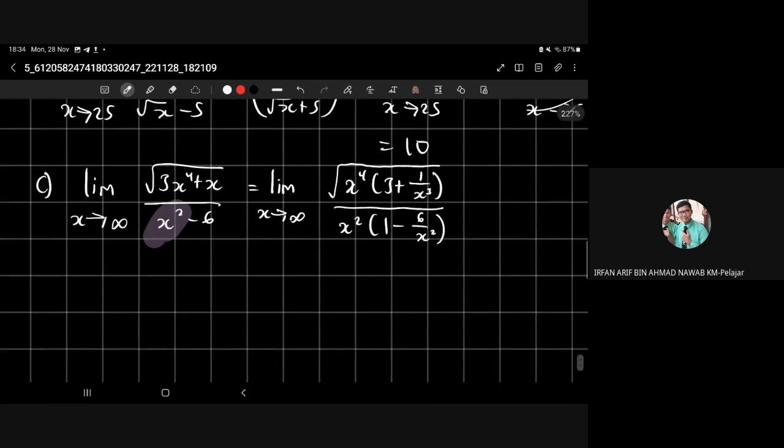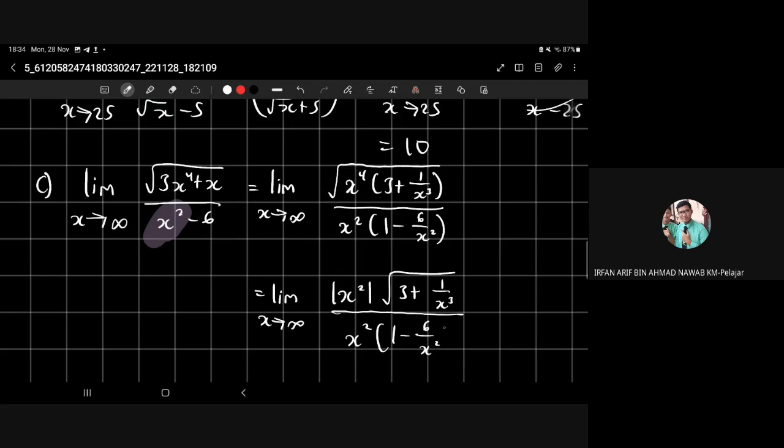And then for x to the power of 4 under the square root, what happens? It will become this modulus function, an absolute function, and square root of 3 plus 1 over x cubed divided by x squared, 1 minus 6 over x squared.